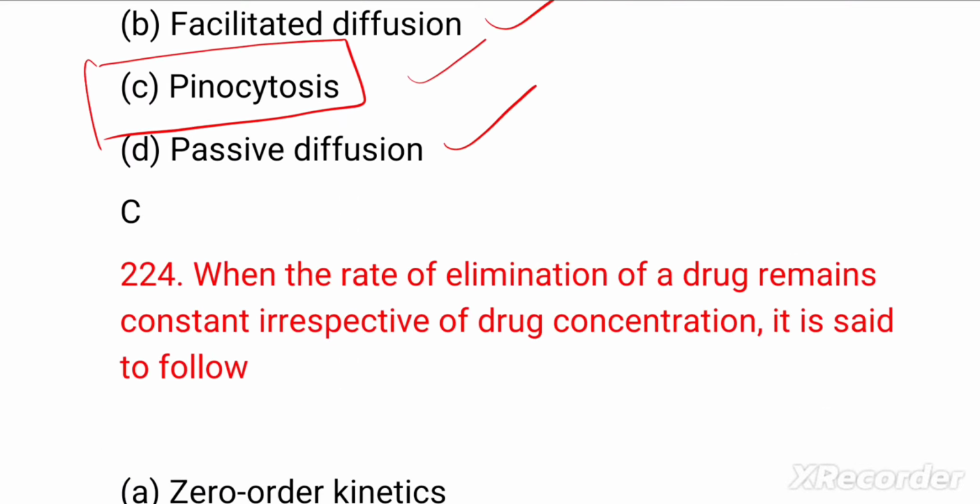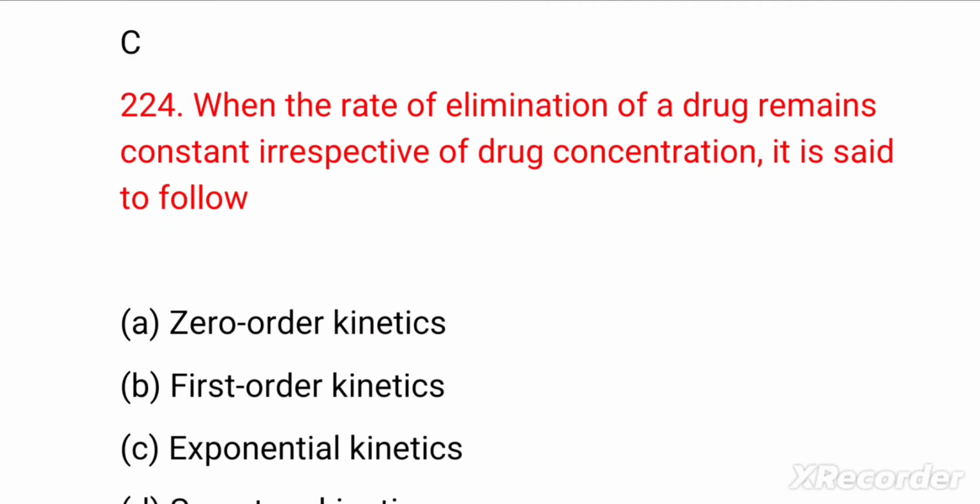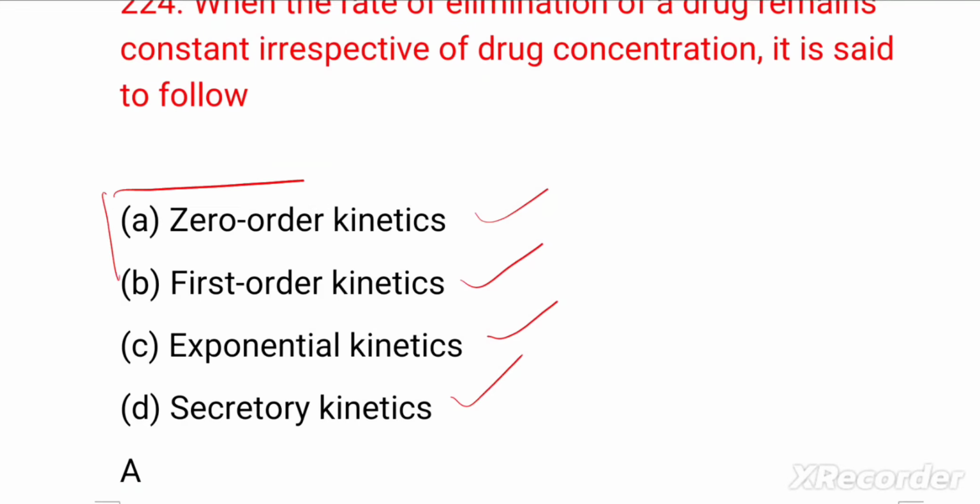Next question, when the rate of elimination of a drug remains constant irrespective of drug concentration, it is said to follow, options are zero order kinetics, first order kinetics, exponential kinetics, secretory kinetics. The rate of elimination remaining constant irrespective of drug concentration is zero order kinetics.